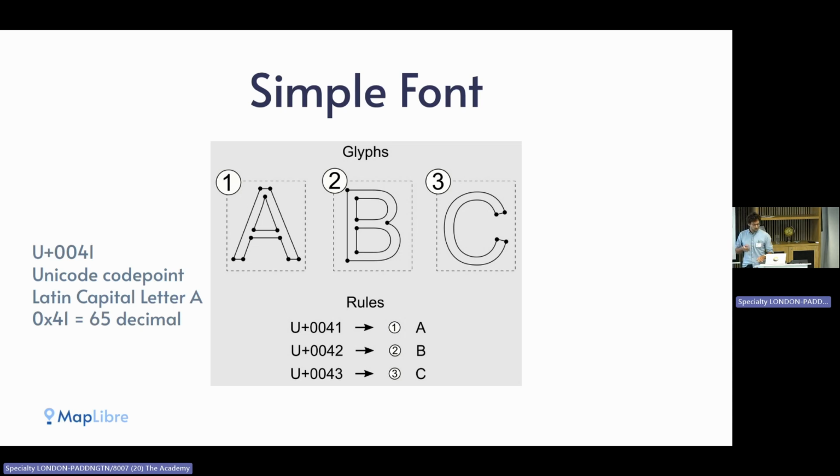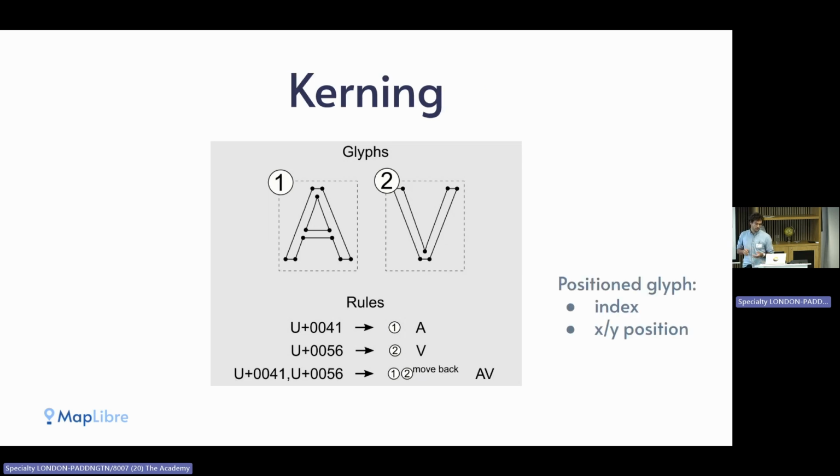Now, there's more things that we can do with these sort of rules. One is a process called kerning. Maybe you have seen this before. If you have an A followed by a V, the V gets shifted a little bit back. So this font now has 2 glyphs. A maps to the glyph A, V maps to the glyph V. But if you put the 2 after each other, then you want to move the second, the V, a little bit back.